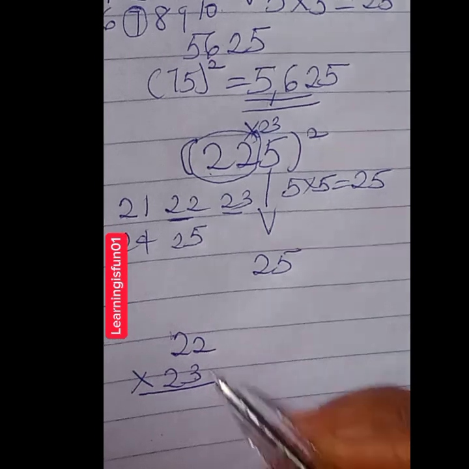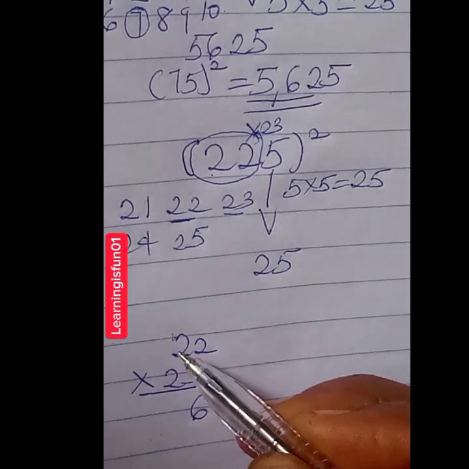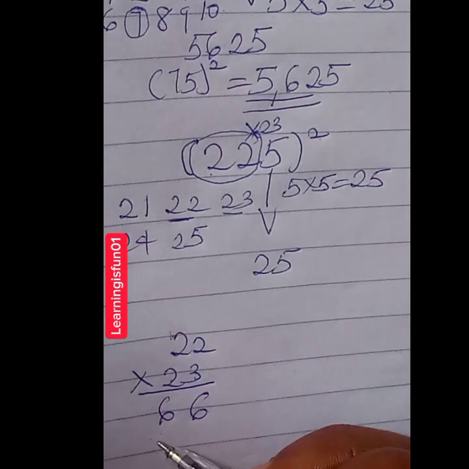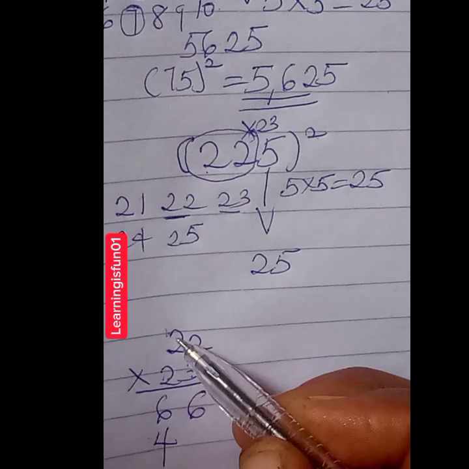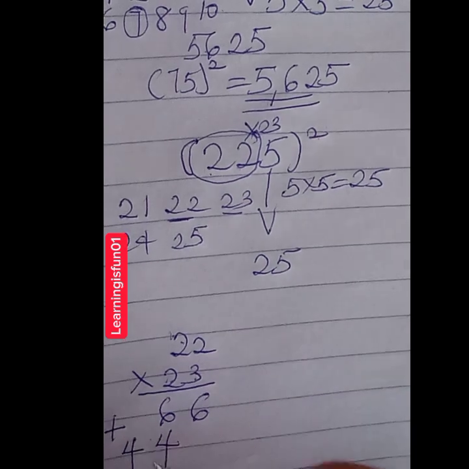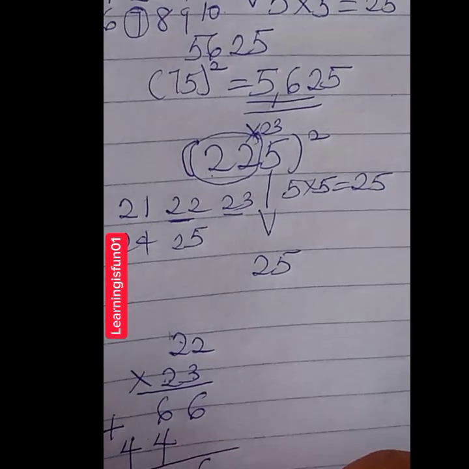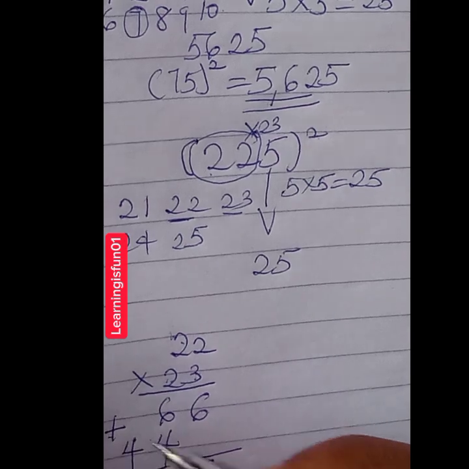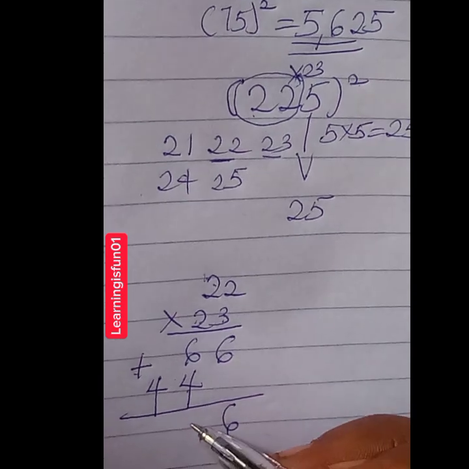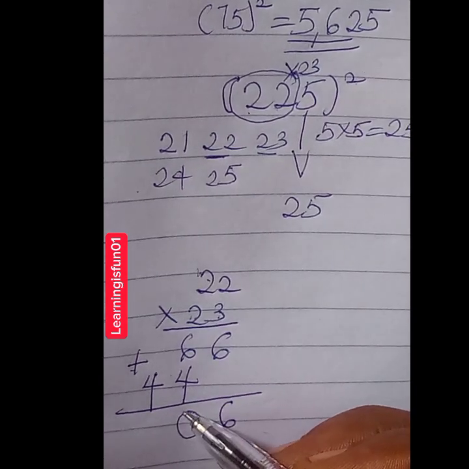3 multiplied by 2, 6. 3 multiplied by 2, 6. 2 multiplied by 2, 4. 2 multiplied by 2, 4. Then let's add up. Here we have 6. 6 plus 4 is going to give us what? 10. Now we're going to be writing the 0.